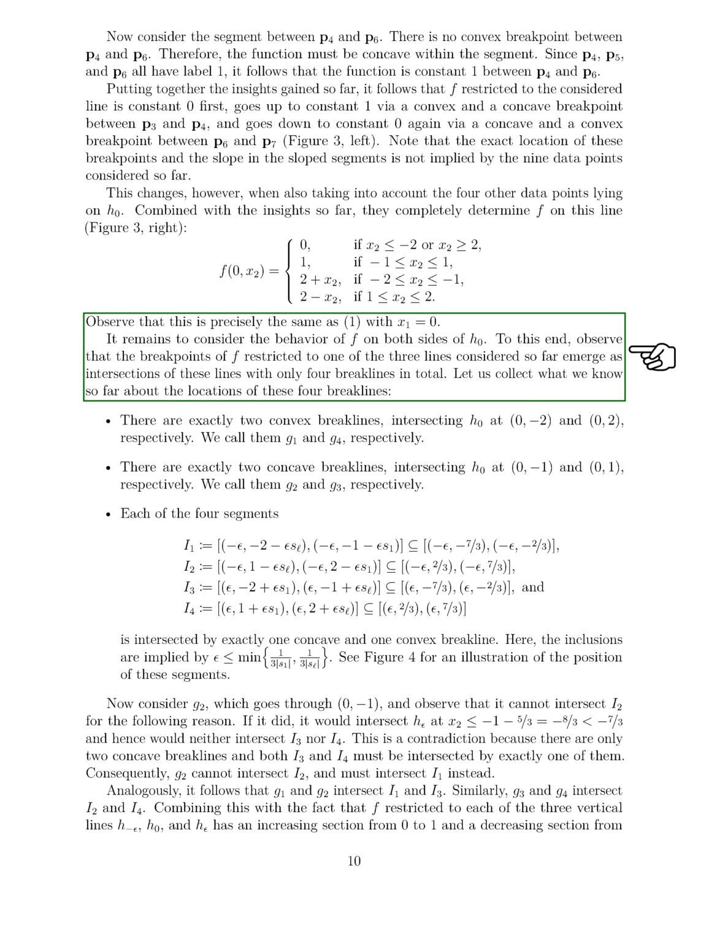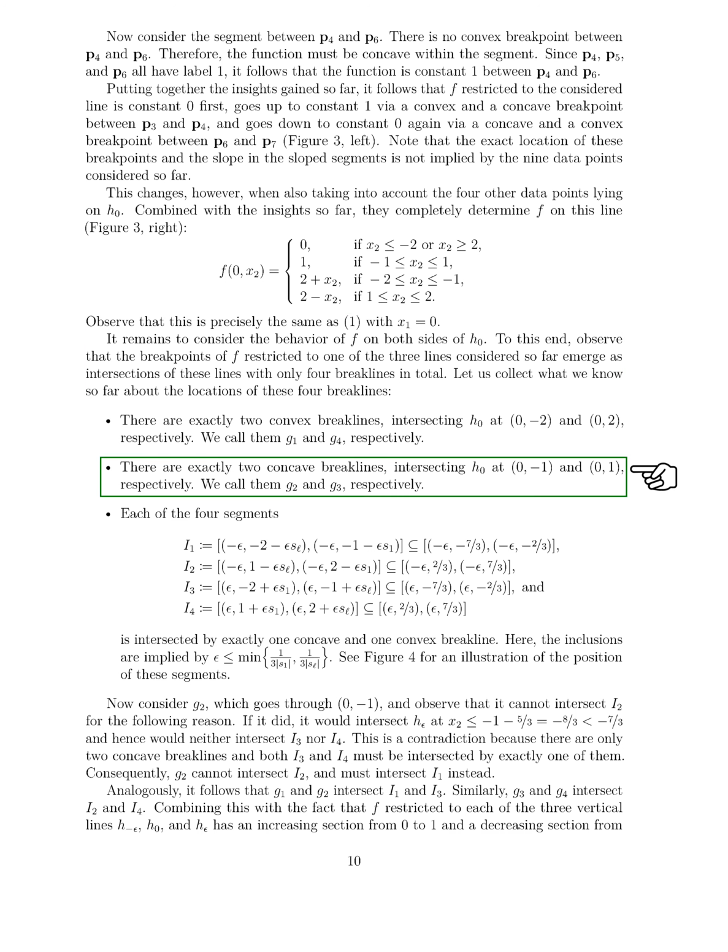Next, we need to consider how the function behaves on either side of h0. To do this, we note that the breakpoints of the function on one of the 3 lines we've considered so far appear as intersections of these lines with only 4 breaklines in total. There are exactly 2 convex breaklines, which intersect h0 at 0, -2, and 0, 2, and 2 concave breaklines, which intersect h0 at 0, -1, and 0, 1.